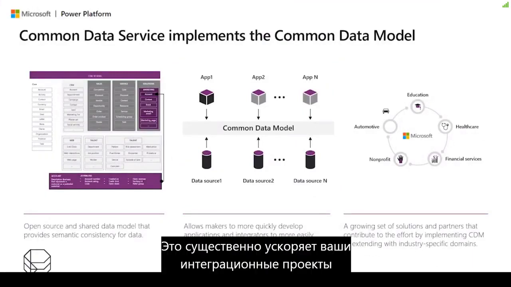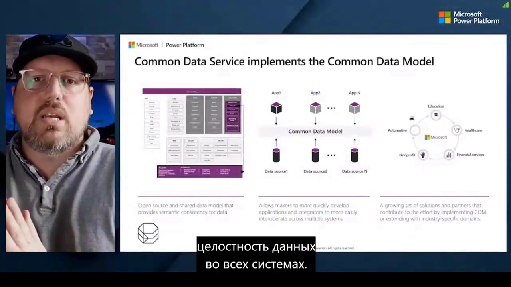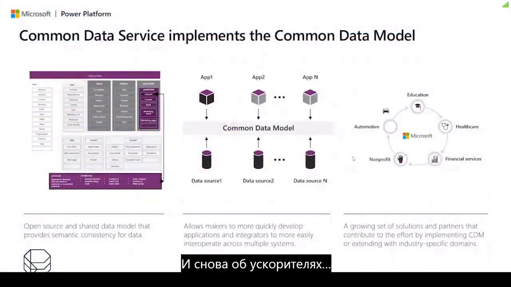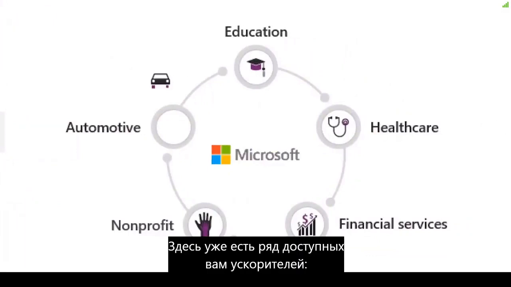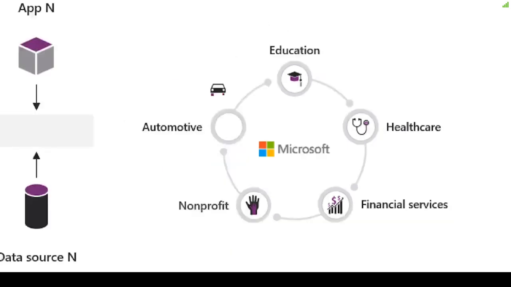So it makes all your integration projects much faster and ensures that your data integrity remains the same across all systems. And again, on accelerators, you have here a number of accelerators that are already available to you for education, healthcare, financial services, nonprofit, and automotive.